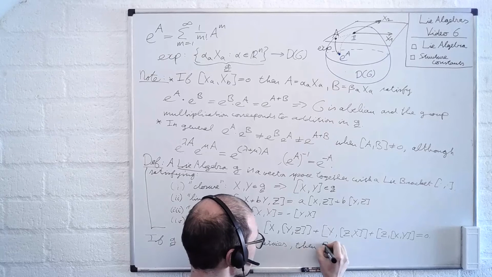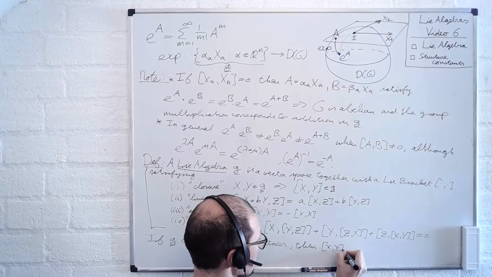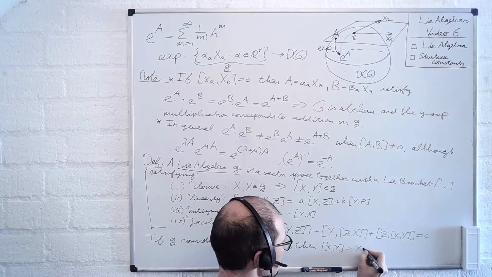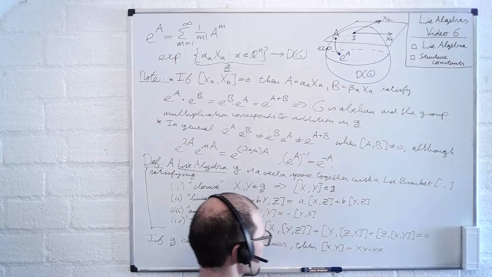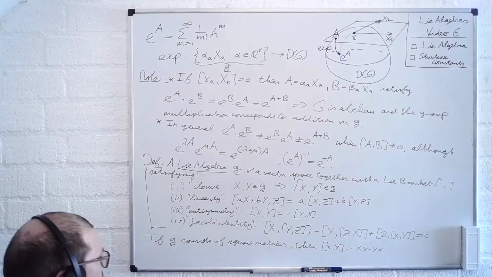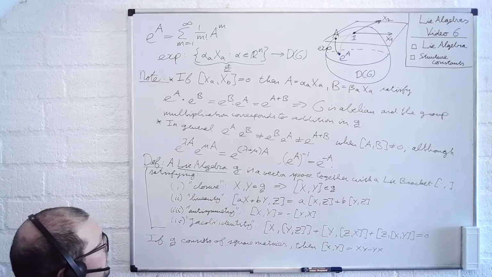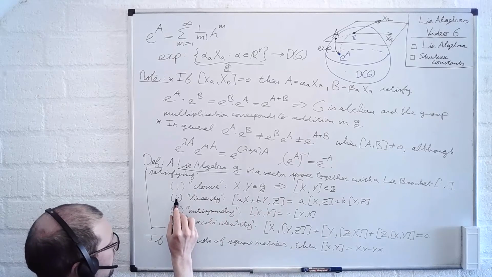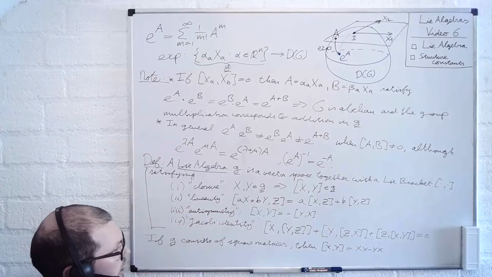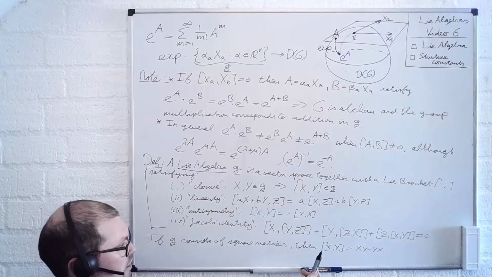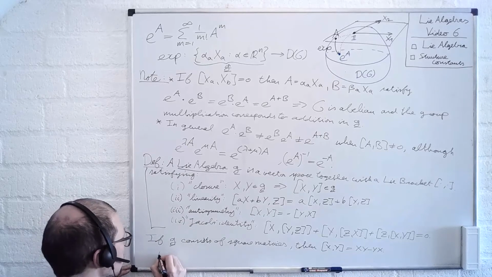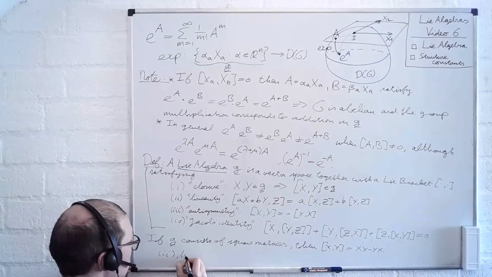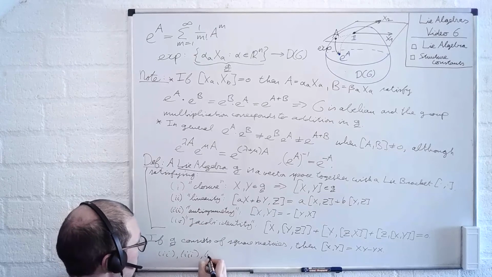Then I can take the Lie bracket of x and y to be the commutator, so xy minus yx. And it's easy to check now that the properties 2, 3, and 4 are identically satisfied just by the definition of this bracket.